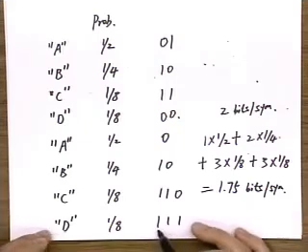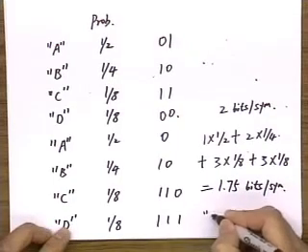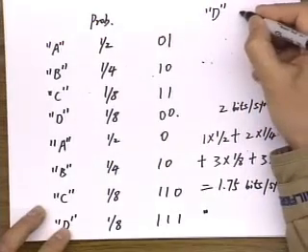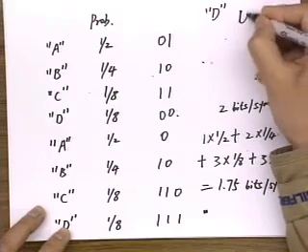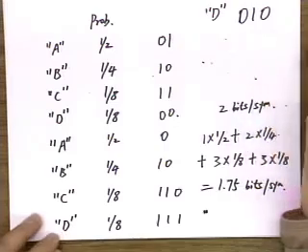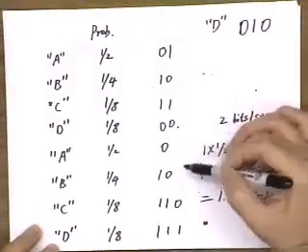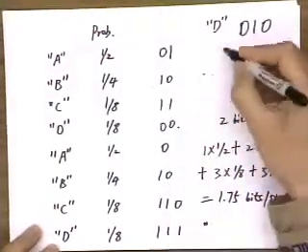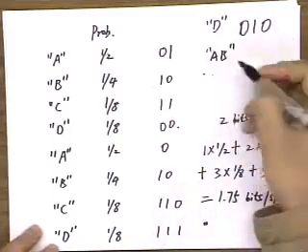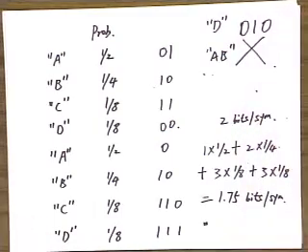For example, if I do not use 111 for D, and instead use 010 for D, then when the decoder sees these 3 bits, it can either interpret them as AB, because A is 0 and B is 10, or interpret them as D. This has some ambiguity, so we cannot design the code words like this.